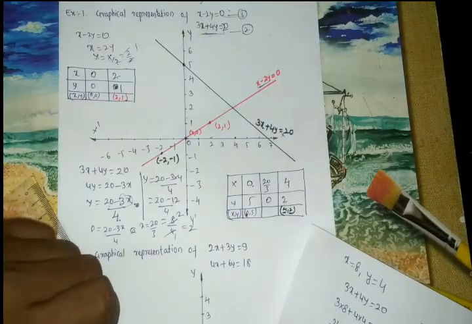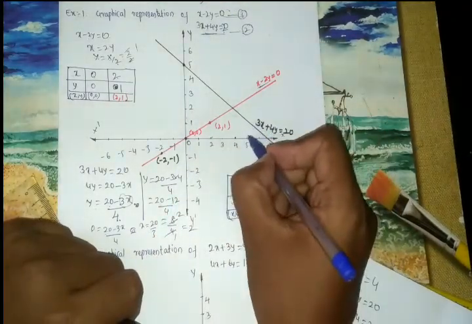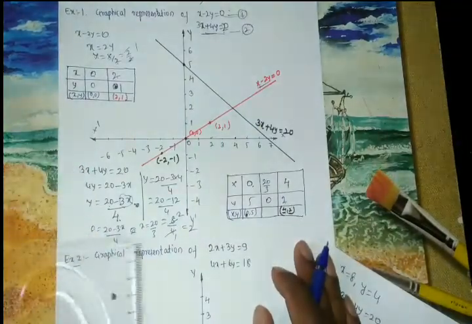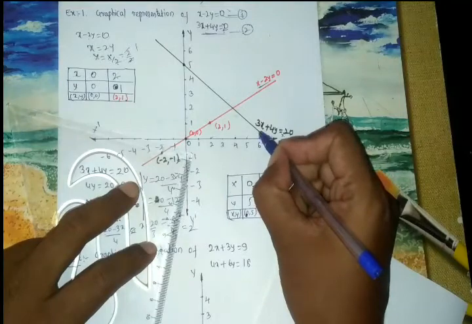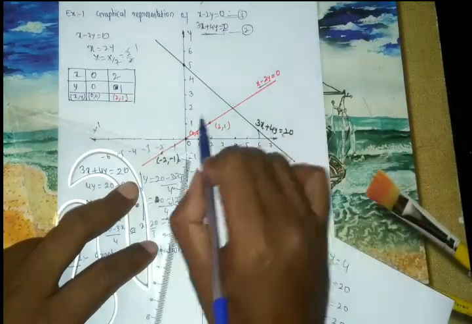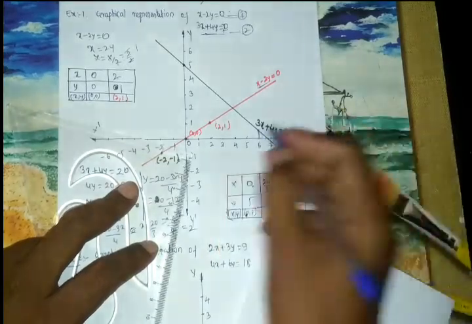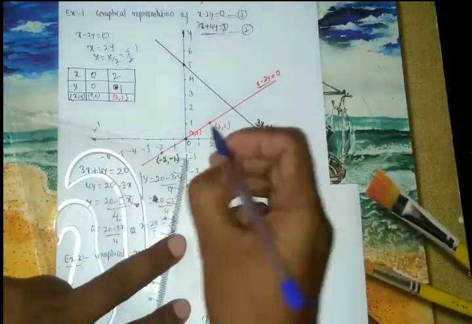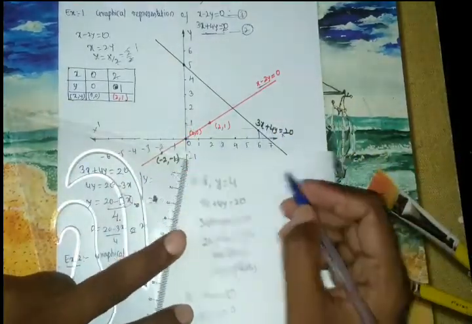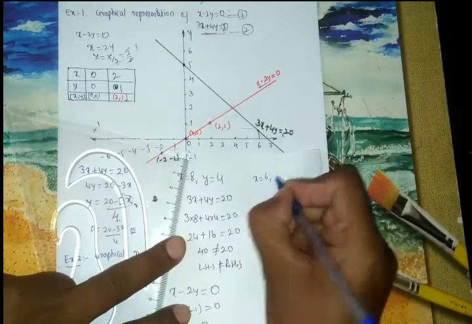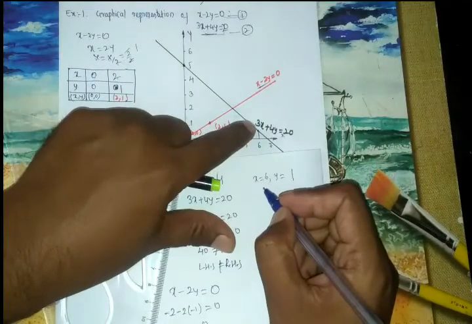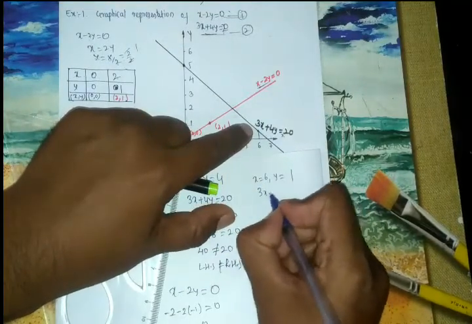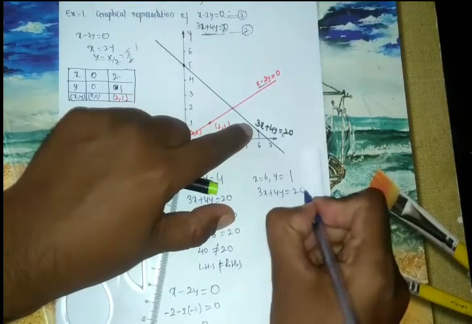For example, let me take this point. This is x equals 6 and y equals 1. I will substitute in this equation, that is 3x plus 4y equals 20.